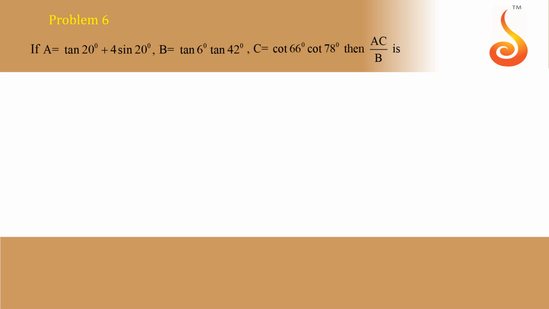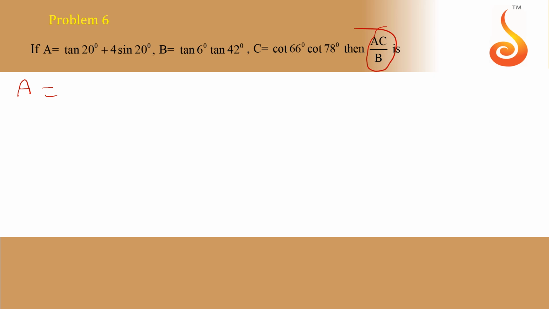If capital A is equal to tan 20 degrees plus 4 sin 20 degrees, and capital B equals tan 6 degrees tan 42 degrees, and capital C is equal to cot 66 degrees cot 78 degrees, then we have to calculate A into C divided by B. Okay, let us see first the value of A. Tan 20 plus 4 sin 20.